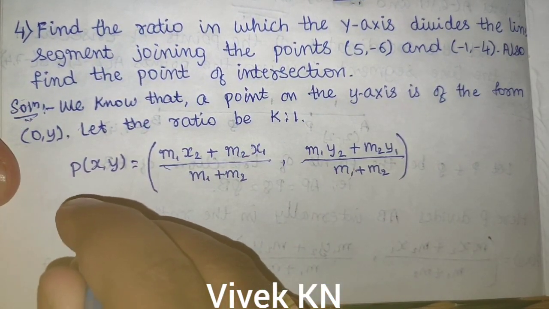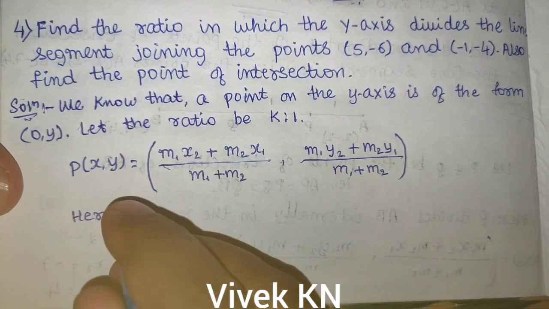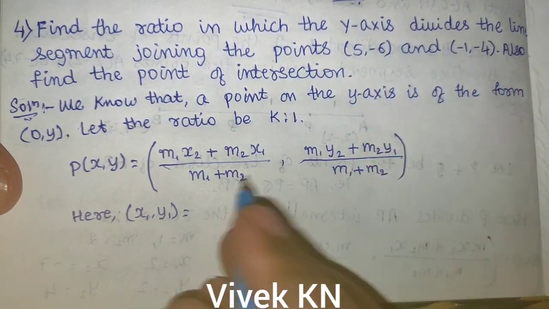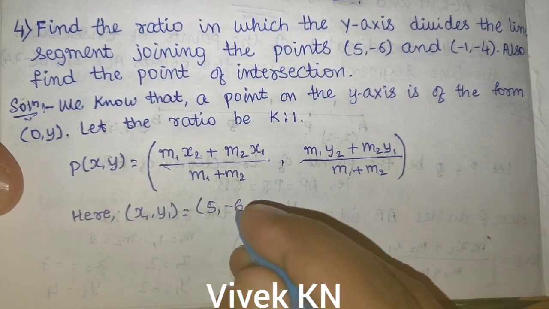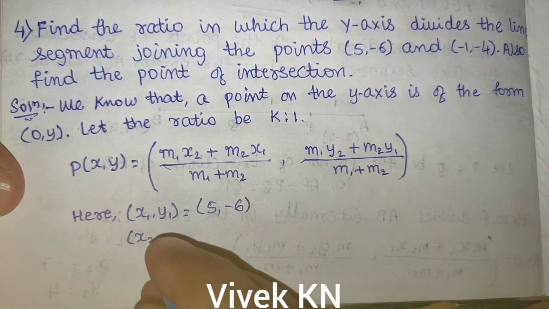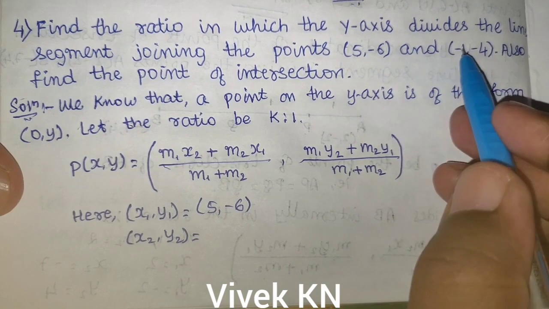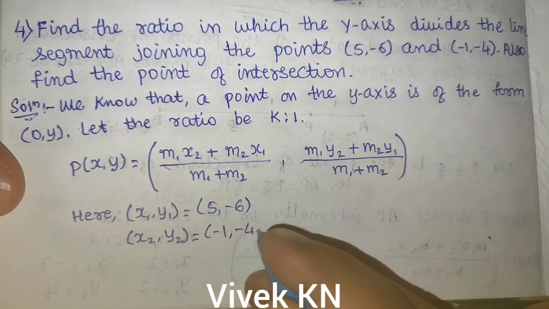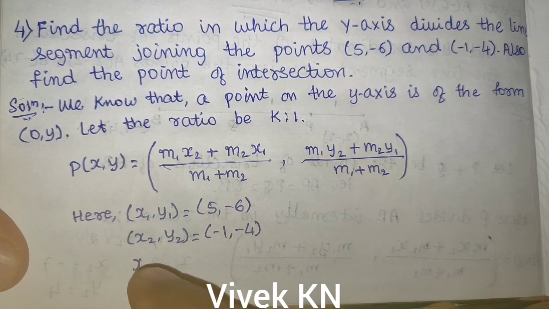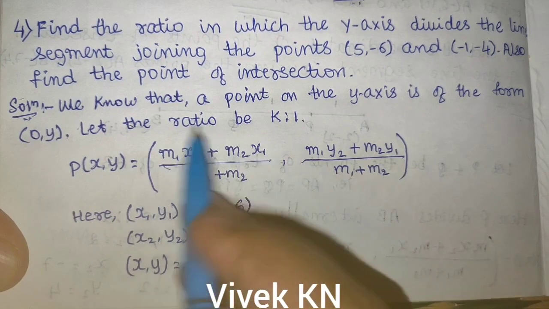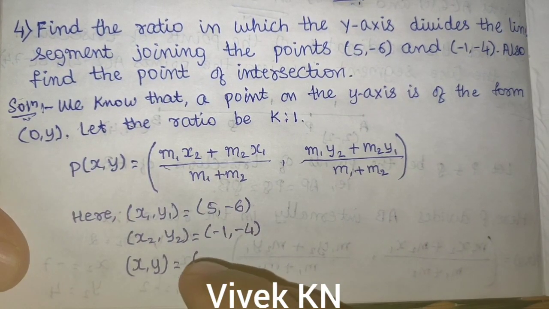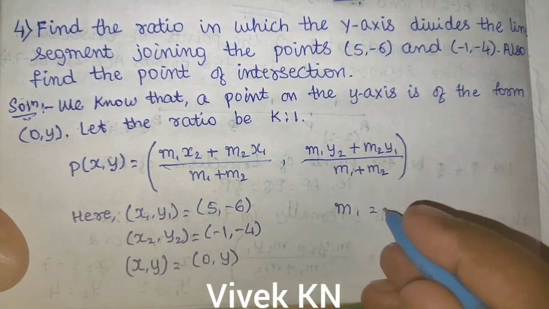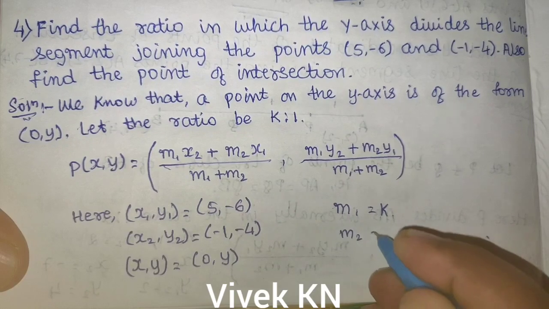Here (x1, y1) is equal to (5, -6), and (x2, y2) is equal to (-1, -4), and (x, y) is equal to (0, y), and m1 is equal to k, m2 is equal to 1.